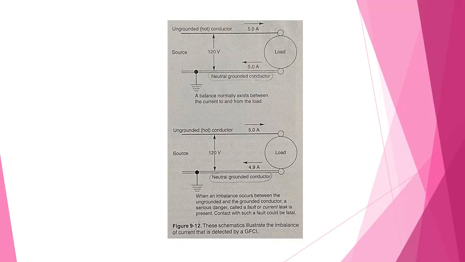During a ground fault or short circuit, however, an imbalance occurs, and the difference represents a dangerous shock hazard. A GFCI monitoring the circuit will sense any imbalance greater than 6 milliamps and will immediately open the circuit, stopping the dangerous current flow.